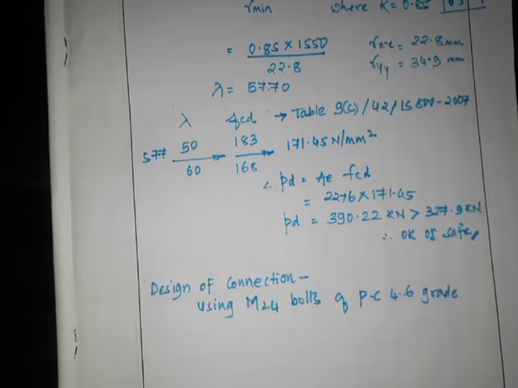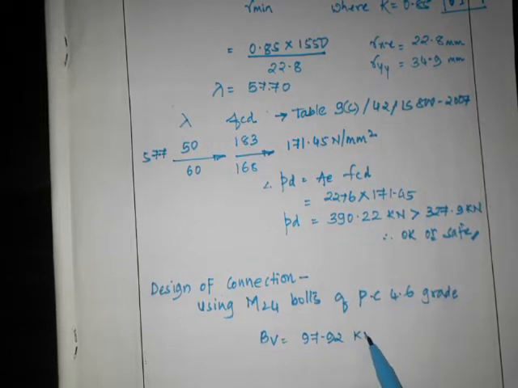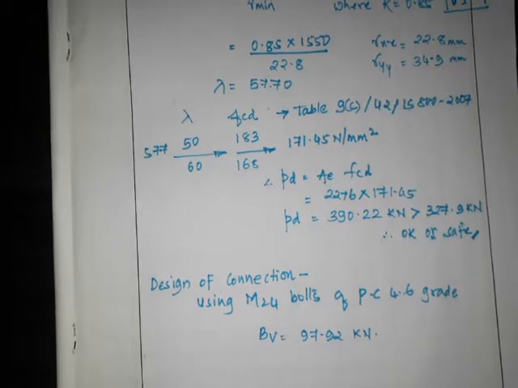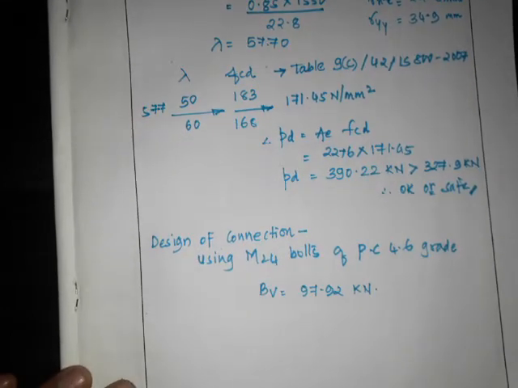In the design of the principal rafter we have already calculated the design strength of M24 bolts of property class 4.6. So we already have the bolt value. If you go back and check, we got the bolt value as 97.92 kilonewton, that is nothing but the design strength of the bolt.